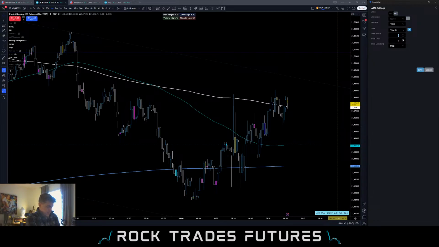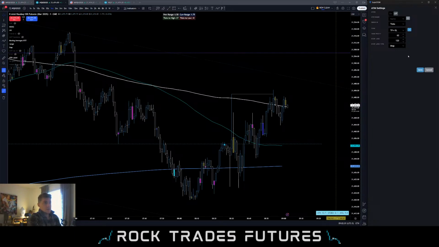Oh man, if I go for 60, just to be safe, 2 ticks. Stop loss basically doesn't matter necessarily because I'm just going to try it in one trade.